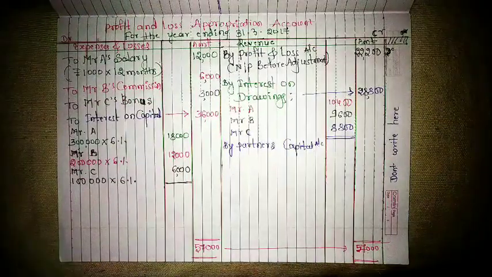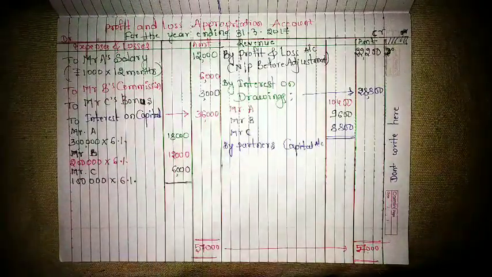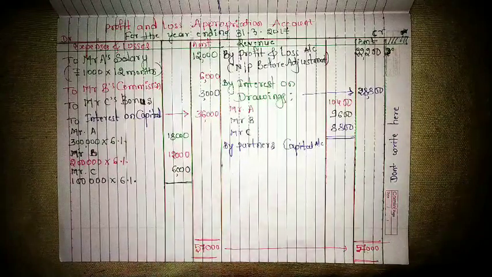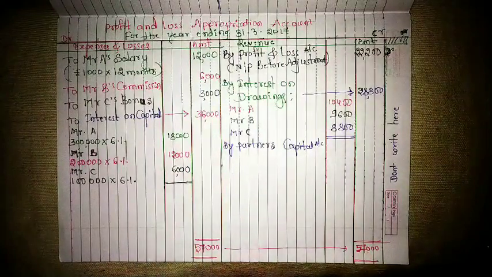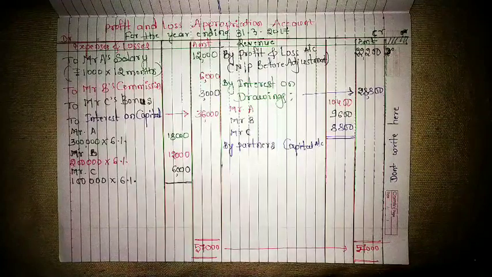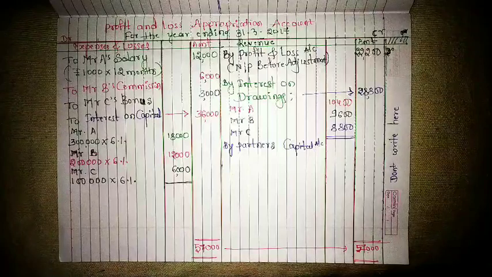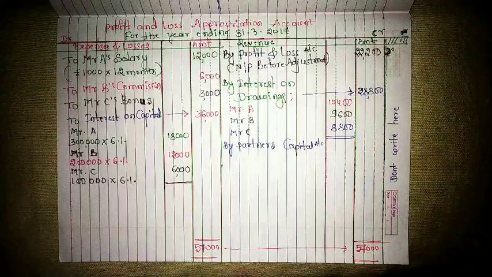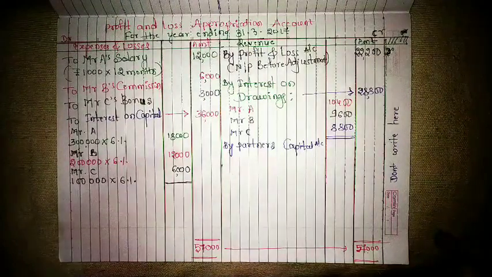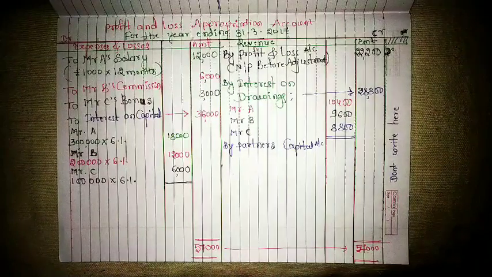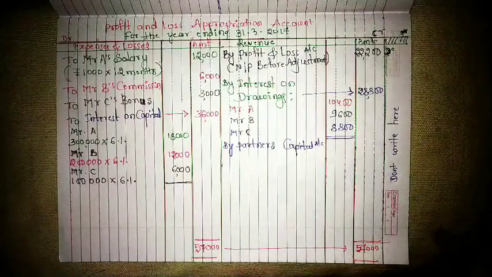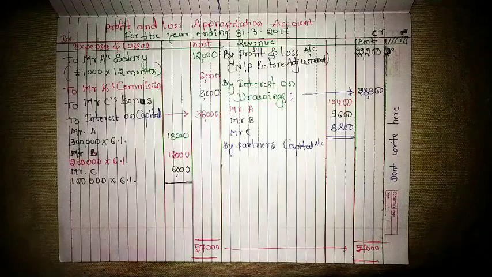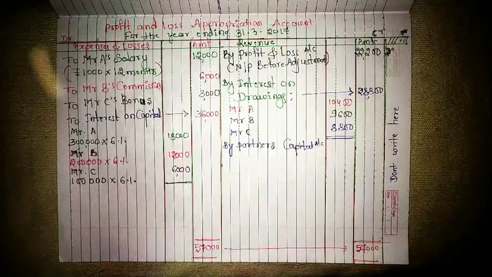Then why have I written partners capital account? There are two methods of maintaining the partners capital account. One is partners fixed capital method, and the other is partners capital account under fluctuating method. If in the question it is not given whether fixed capital system or fluctuating capital method is followed, in such a case we should assume that partners capitals are fluctuating.